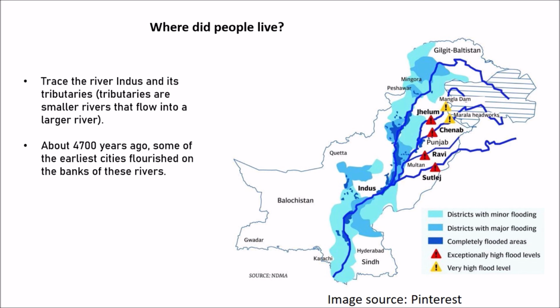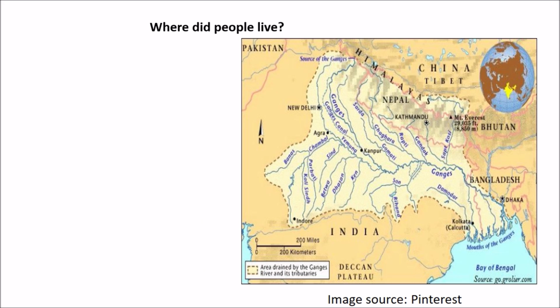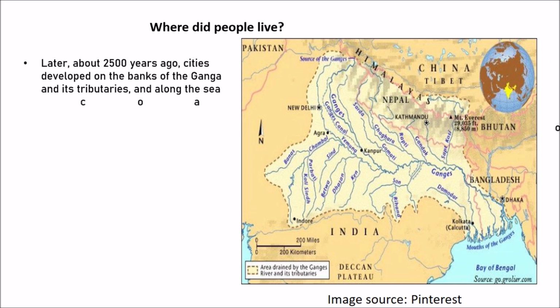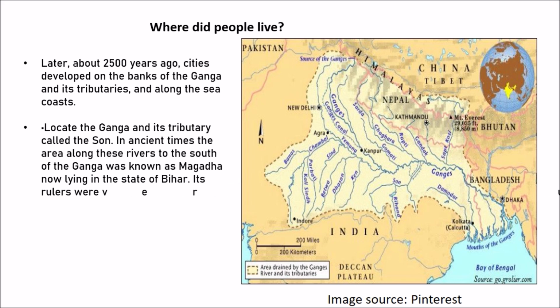Is there any other place where the early man also lived apart from river Indus? Yes. His traces are also found, but not as old as the Indus Valley. He also lived around 2,500 years ago on the banks of river Ganga and its tributaries, along with the sea coast.